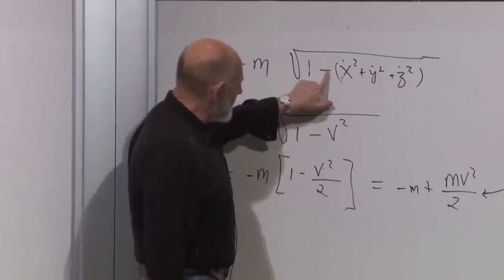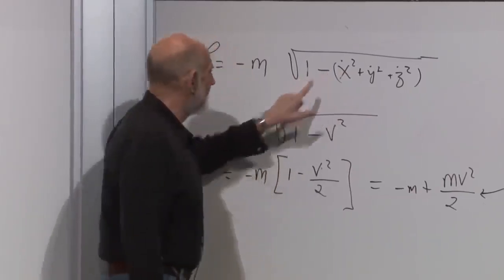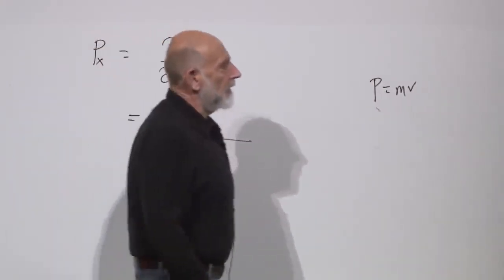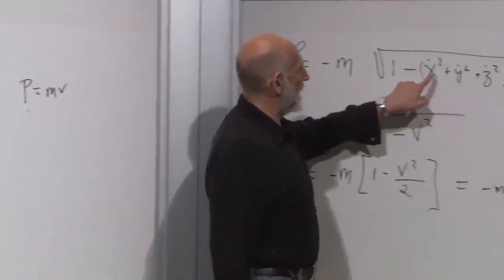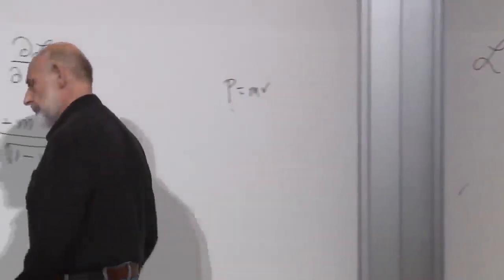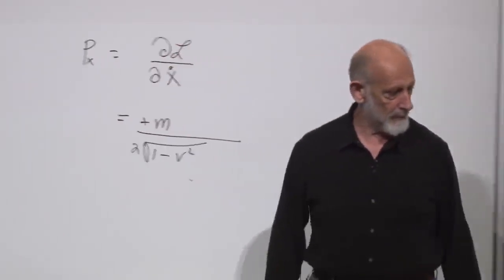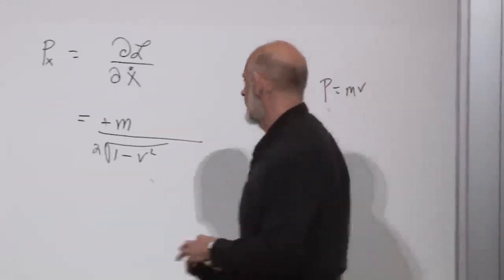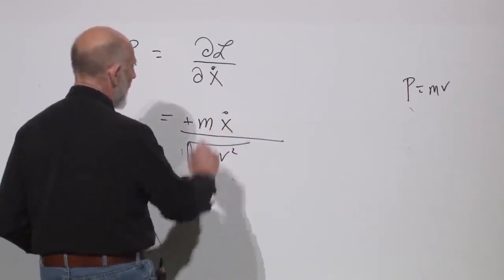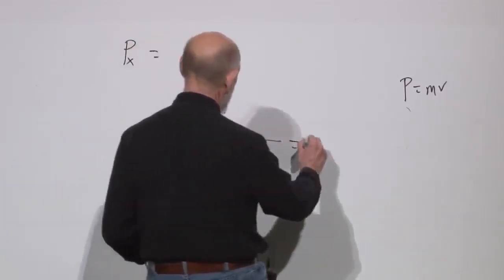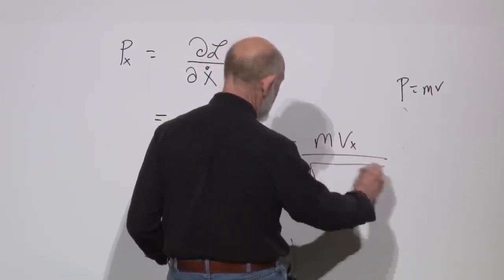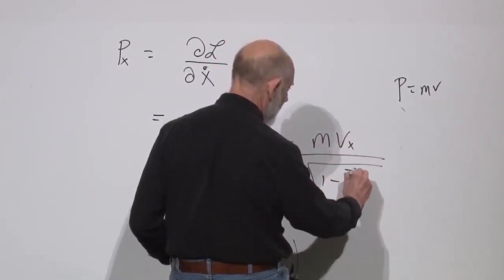That's going to give us a minus from here, so there's another minus sign, and then the derivative of this thing with respect to x dot is twice x dot. So that will eat up the 2 in the denominator, and it will put an x dot here. Or m v sub x divided by the square root of 1 minus the total velocity squared.